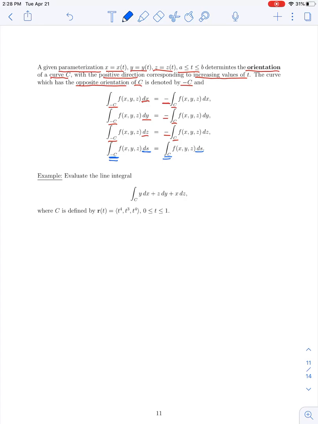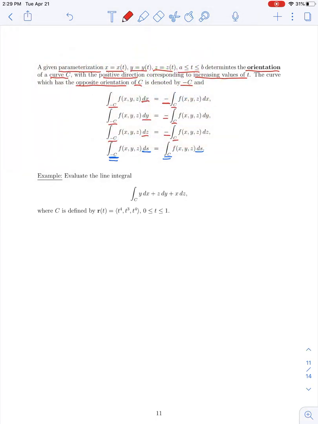So here, if you integrate with respect to arc length, the orientation of your curve doesn't matter. If it is an integral with respect to x, y, or z, then orientation will affect the value of this line integral. So let's look at an example where we'll evaluate a line integral with respect to x, y, and z over some space curve.